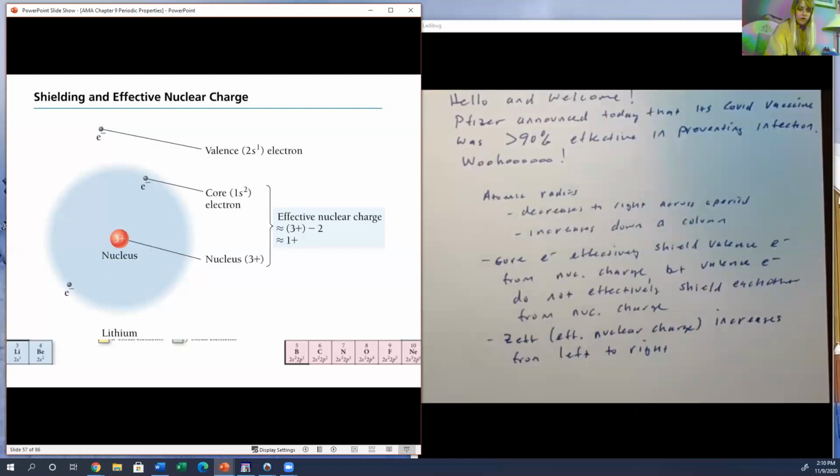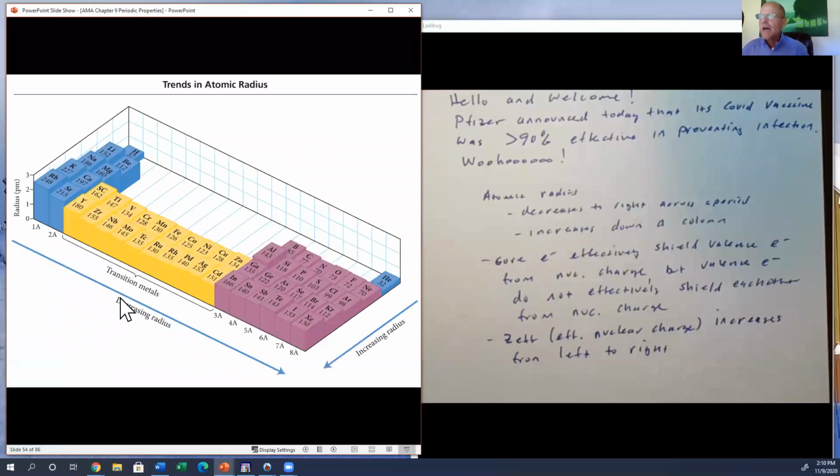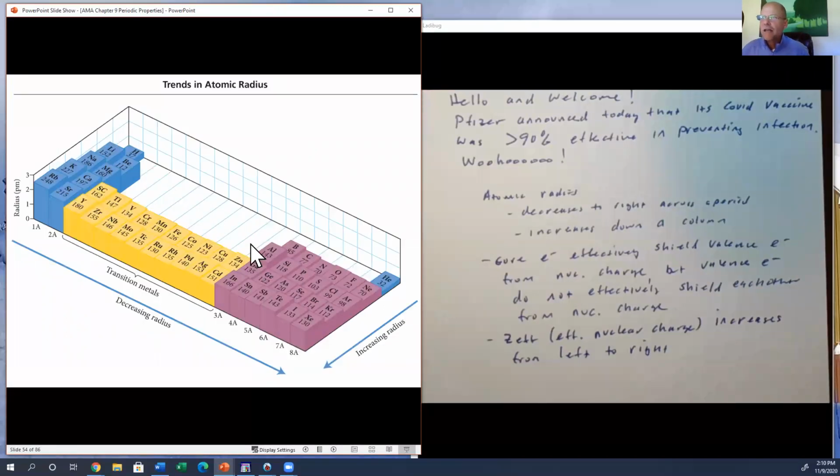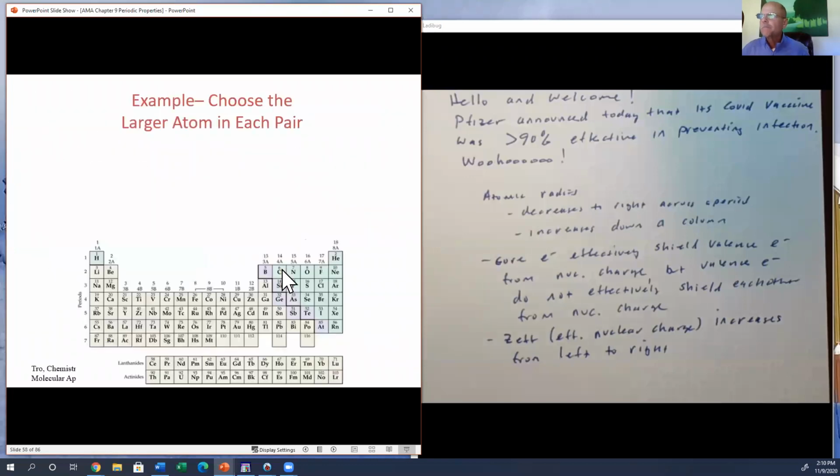The atom shrinks. Exactly. They get smaller and smaller, okay? So that explains why, as you go across a period, the atoms get smaller. As you go down the column, they get bigger because the outer principal level is bigger and bigger, so the orbitals are bigger. As you go to the right, the effective nuclear charge increases, so the atoms get smaller, okay?